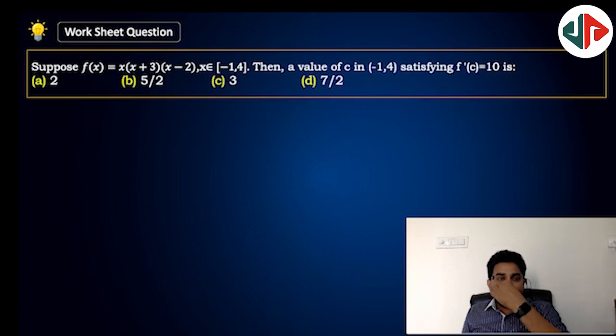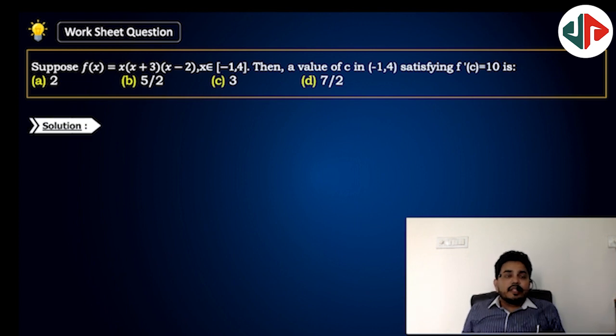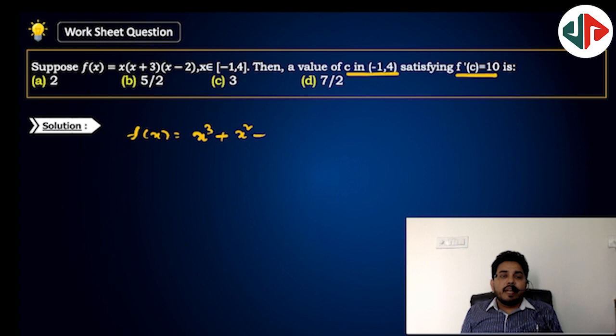Next question is: suppose f of x is given, the value of c in the interval minus 1 to 4 satisfying f dash of c is equal to 10. f dash of c, so just differentiate this one. f of x is equal to x cubed plus x square minus 6x. f dash of c, 3c square plus 2c minus 6 is equal to 10.